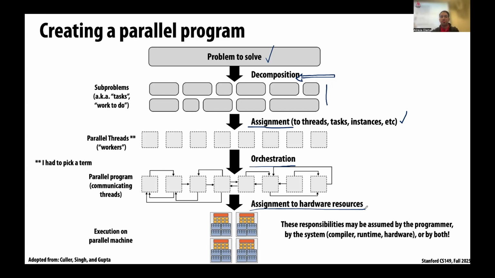Then you need to assign those tasks and execution units to the real hardware resources, and it can be different CPU cores, different SIMD units, or different machines, and different GPUs, and this is going to be quite diverse. All right, any questions about this high-level understanding of parallel program design?